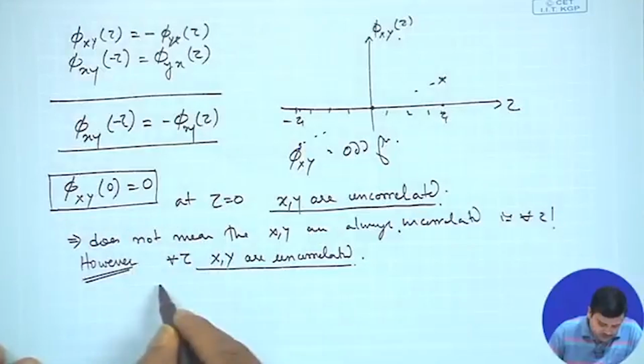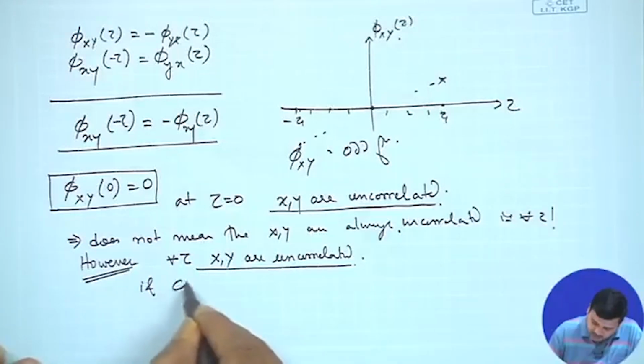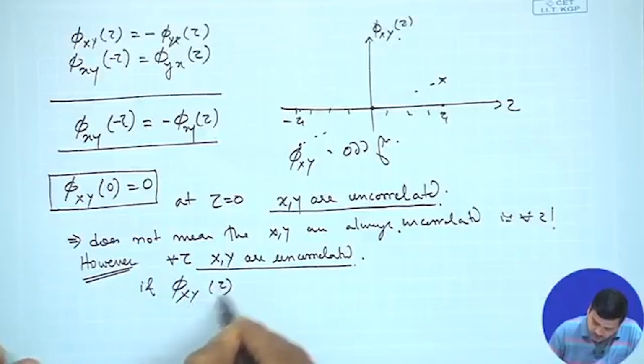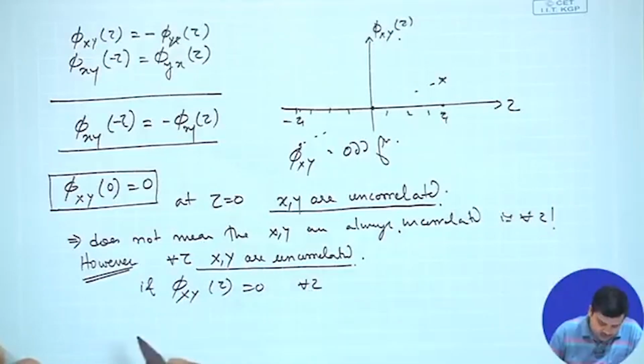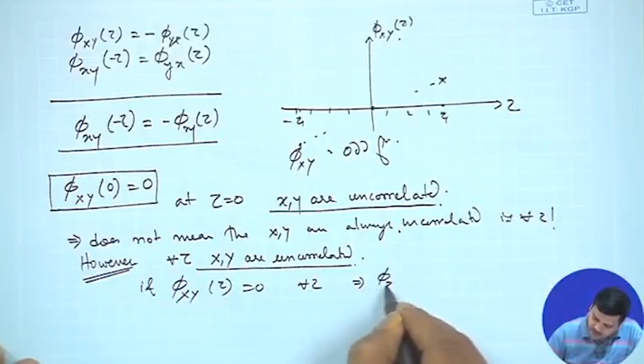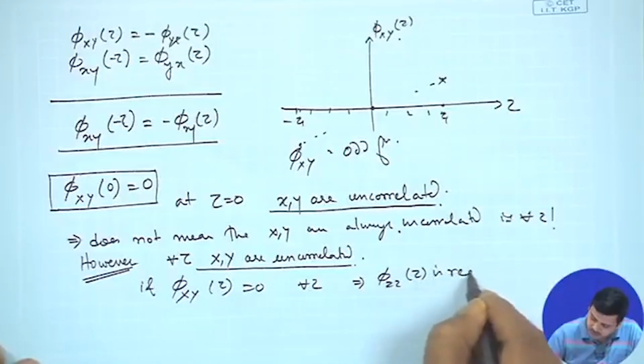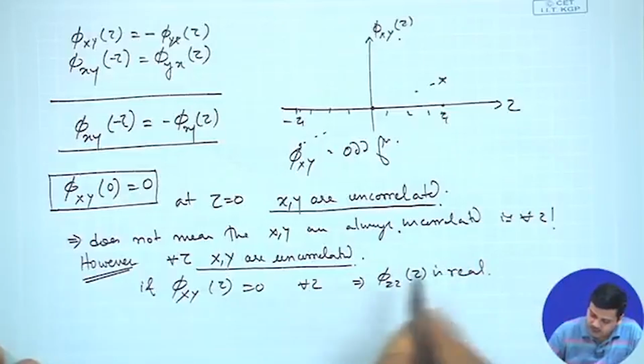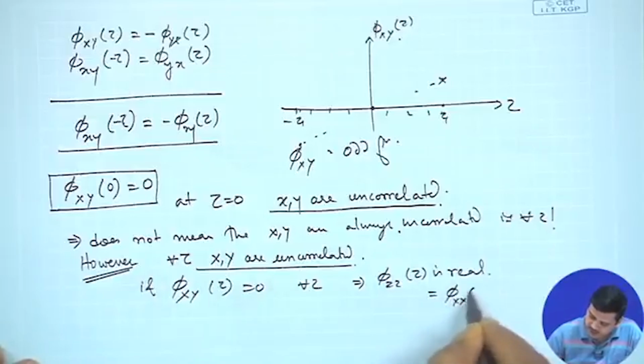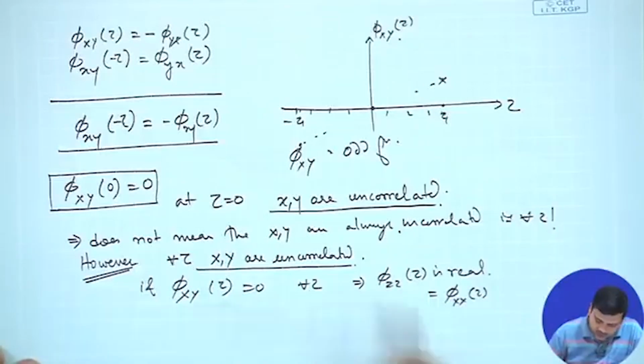With this assumption, if for all tau they are uncorrelated, that means phi x y would be 0 for all tau. This in turn would mean phi z z of tau is real. If this is real, then it will be equal to phi x x of tau, not phi x x of tau plus j phi y x of tau.